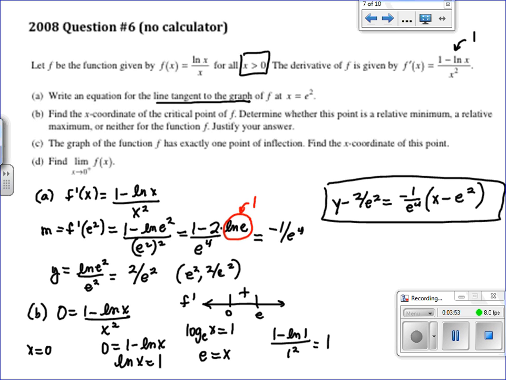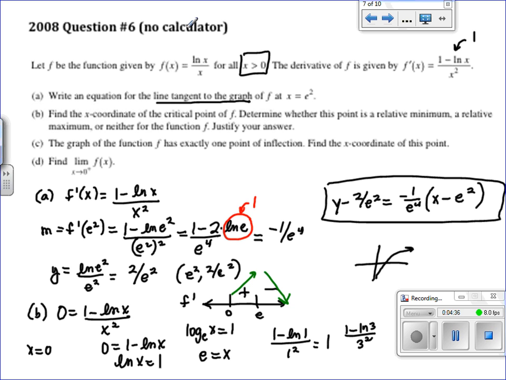For anything to the right of e, like 3, we have 1 minus natural log of 3 all over 3 squared. This is a no calculator problem, so it's kind of hard. You may not know natural log of 3 in your head, but natural log of 3 is bigger than natural log of e, and natural log of e is 1. So it's 1 minus something bigger than 1, so it's going to be negative. That means f was increasing and then decreasing, so that point is a relative maximum.